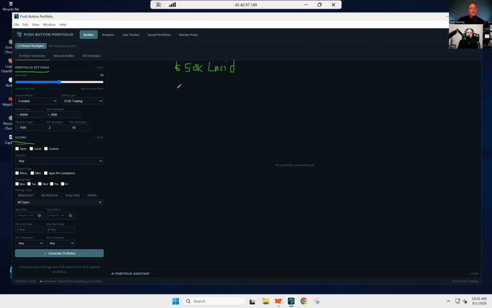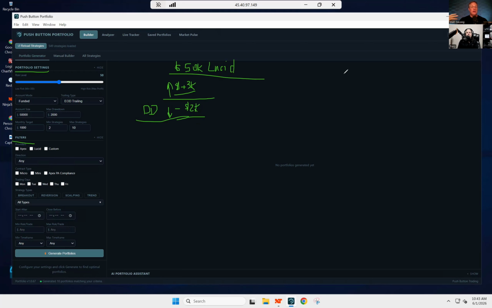We have to keep in mind what the goals are for the funded accounts. If you're using funded accounts, the first goal is you have to grow a 50K by $3,000, but you have to do that without losing $2,000. This is what we refer to as the drawdown or the max drawdown. Every funded account program has very specific rules, and every account size has very specific rules.